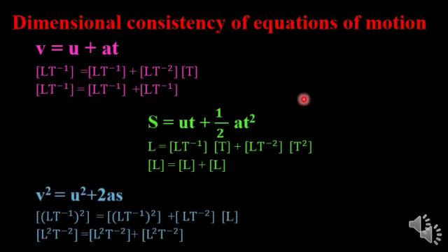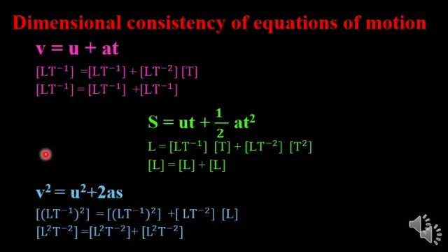The third equation of motion is v square equals u square plus 2as. In terms of dimensions, the above equation is L T to the power of minus 1 whole square equals L T to the power of minus 1 whole square plus L T to the power of minus 2 into L, which is L square T to the power of minus 2 equals L square T to the power of minus 2 plus L square T to the power of minus 2.